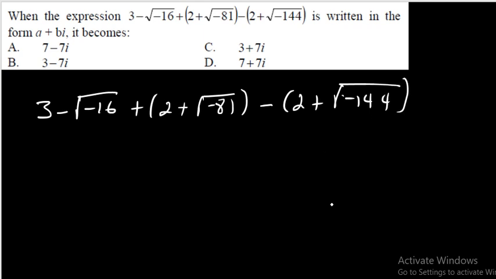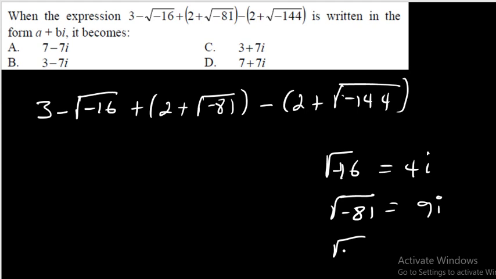This is the question. First of all, square root of negative 16 is the same as 4i, and square root of negative 81 is the same as 9i, and square root of negative 144 is 12i. Hopefully, 16 is 4 when it comes out, 81 is 9, and 144 is 12.